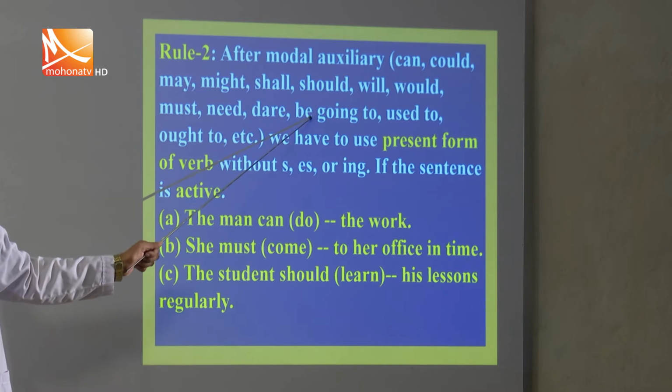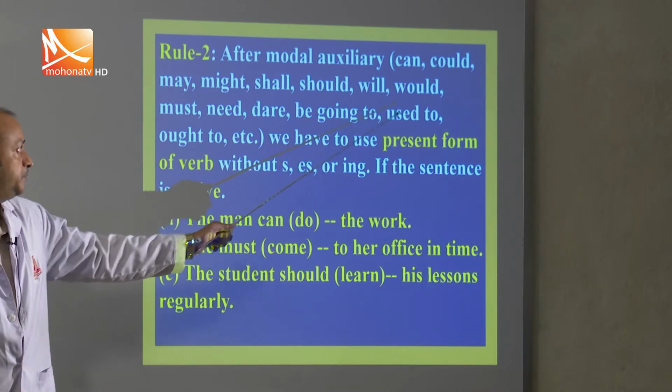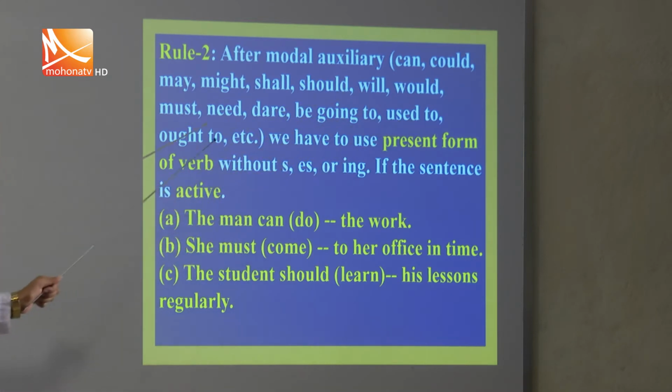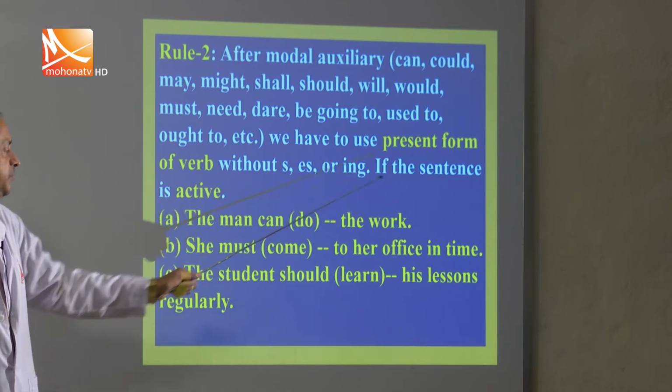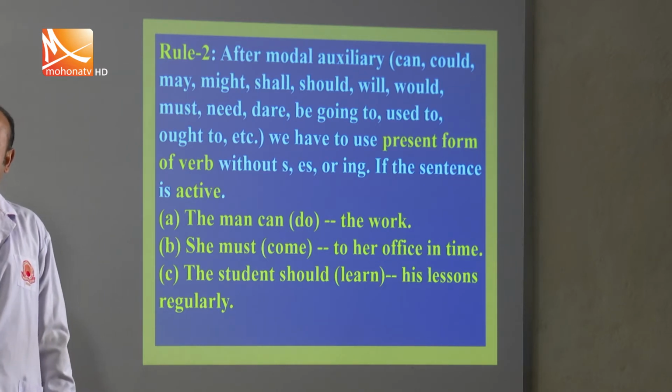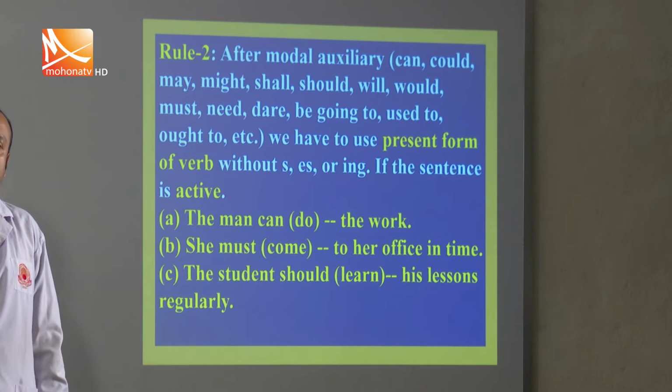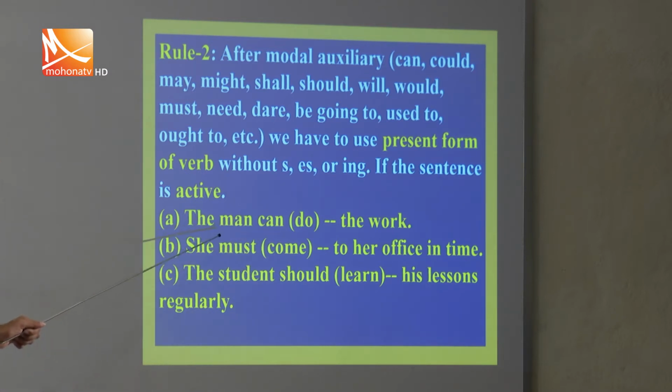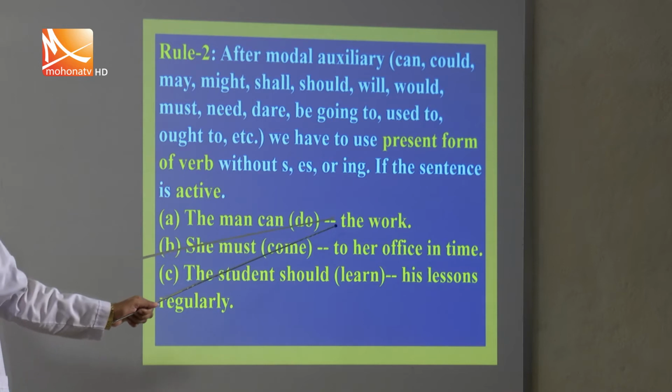In a word, used to, ought to, etc. We have to use present form of verb without s or es or ing if the sentence is active. So, in active sentence, after modal auxiliary verb, we must use basic form of verb. For example, the man can do the work.